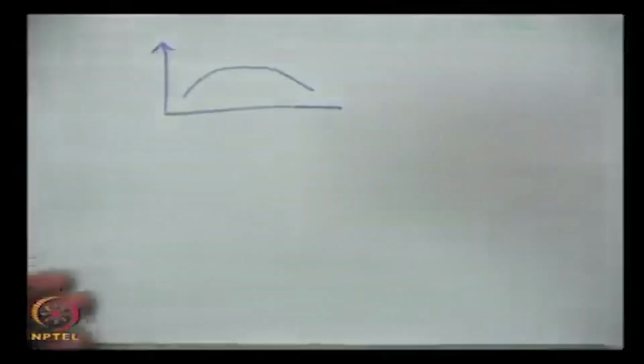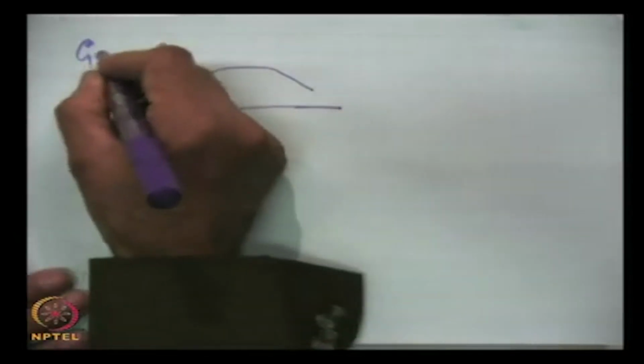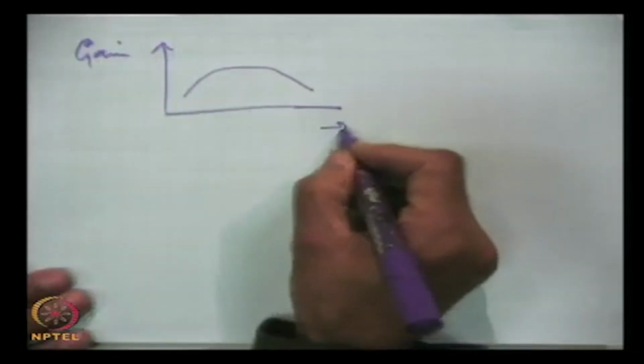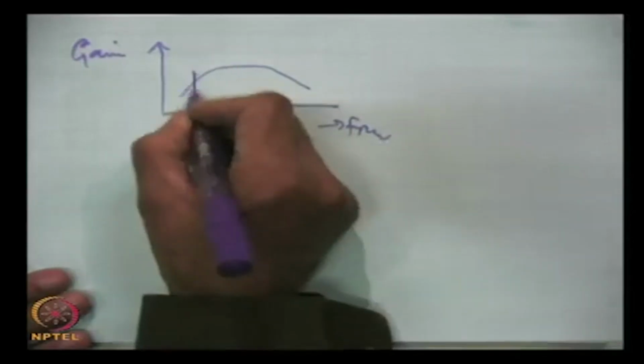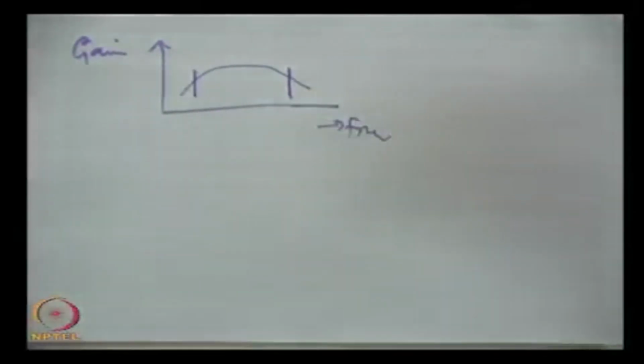So, we talked about RC coupling in detail, and the response of an RC coupled amplifier was like this. This is gain versus frequency, and these two cutoff frequencies we defined.